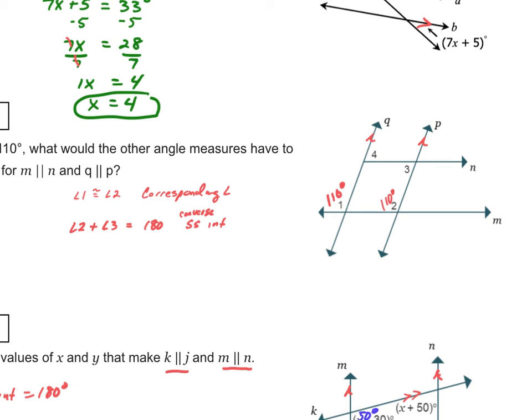So let's see. If angle 2 is 110 degrees plus angle 3 equals 180, then angle 3 is going to be equal to 70 degrees. So if angle 3 is 70 degrees, then these would be parallel.